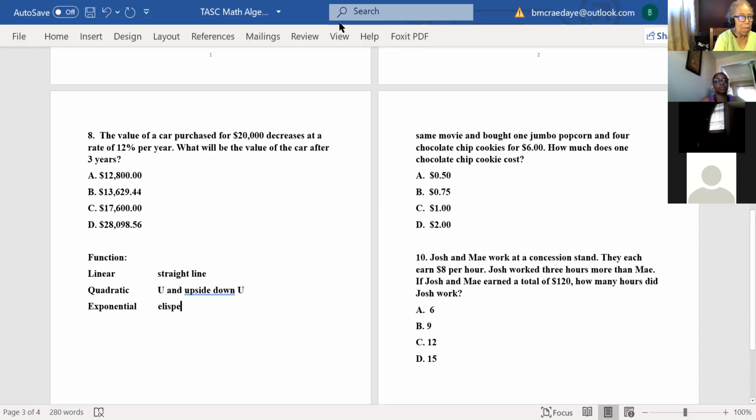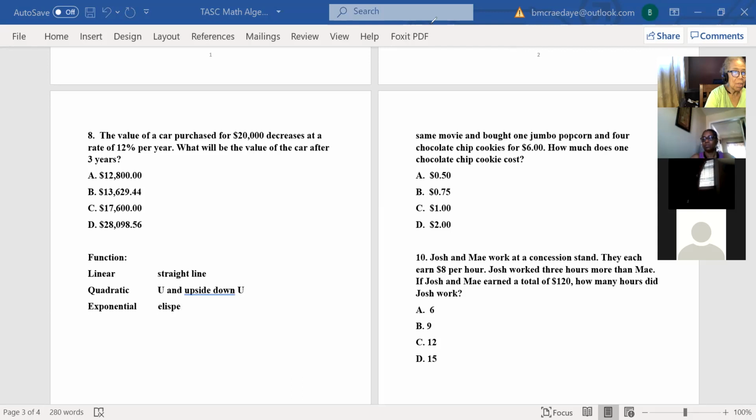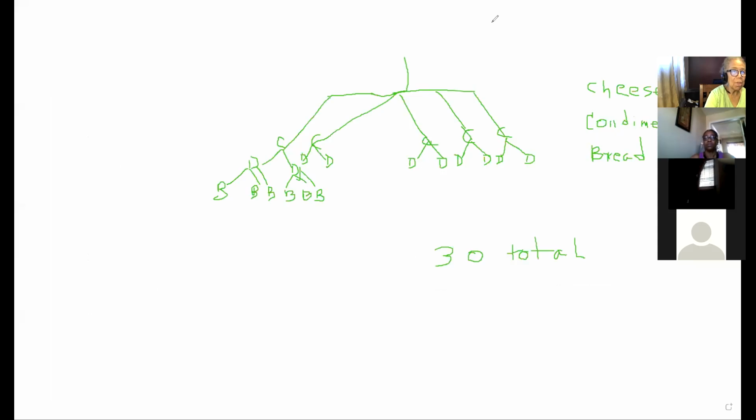Well, let's go to our whiteboard and we'll clear it. Okay, so you have a straight line: linear. You have quadratic like this, right? The exponential is like this.